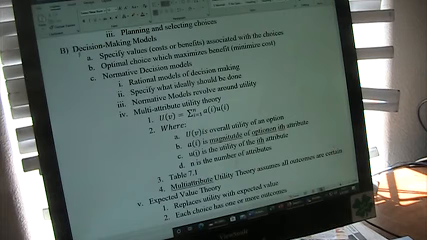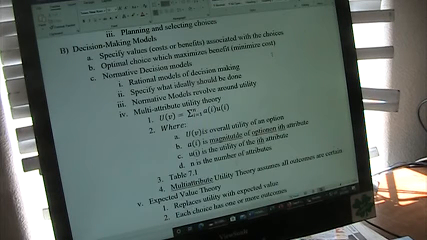All right, so of course, as I've emphasized so often before, these human factors psychologists love to think in terms of models. In this case, decision-making models. One thing that we're going to do is we're going to specify the value, whether it's a cost or a benefit, associated with choices. We consider that the optimal choice maximizes the benefit or minimizes the cost.